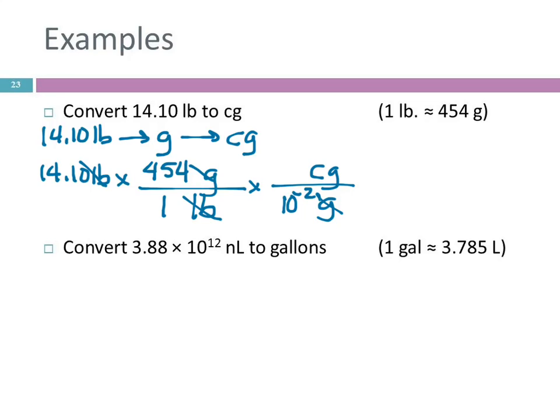So 14, let's get the calculator going, 14.1 times 454 divided by 1 EE minus 2. So I'm getting, the calculator is showing me 640,140 grams. Not grams, centigrams.